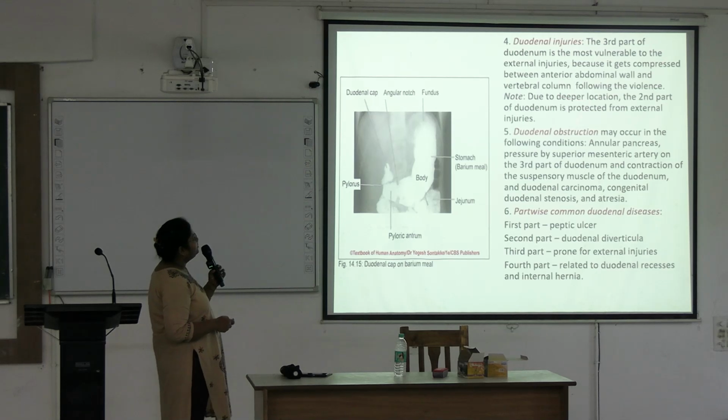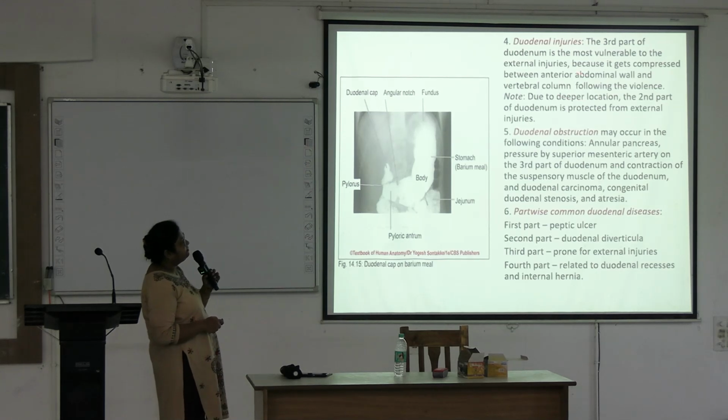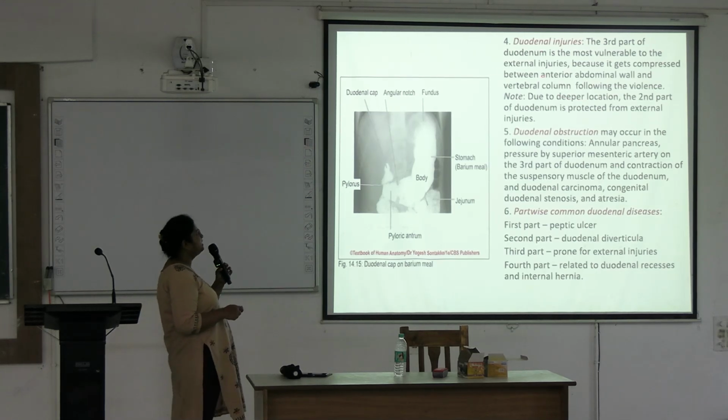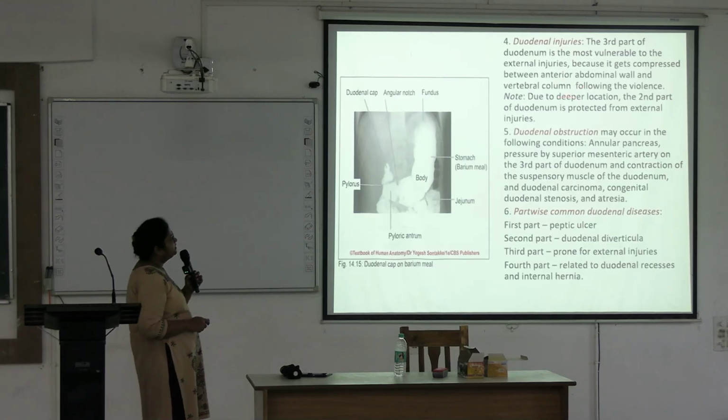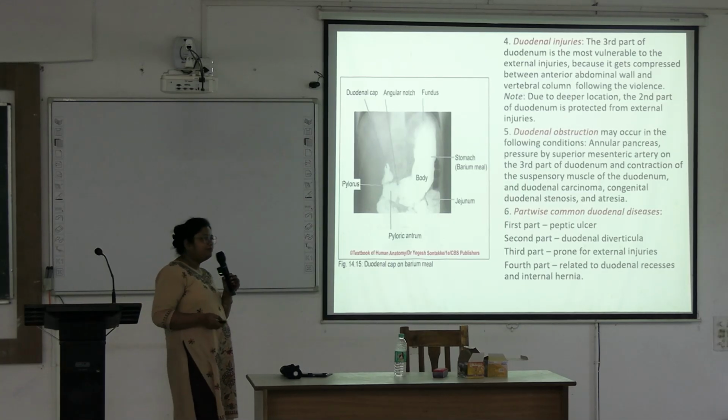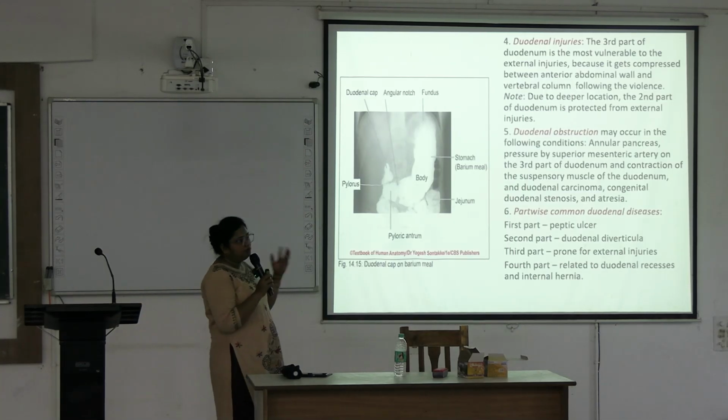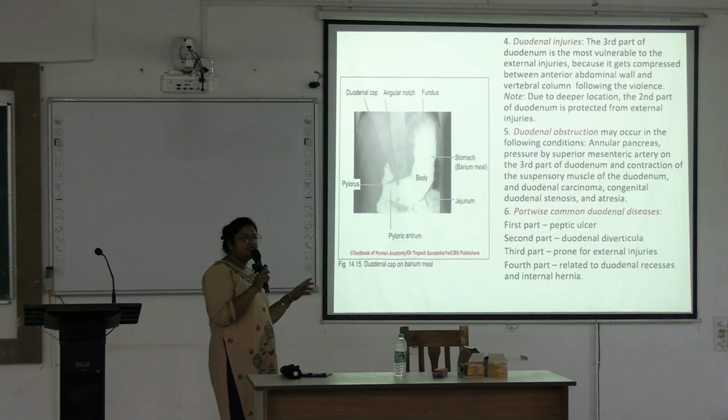Next is duodenal injuries. The third part of the duodenum is most vulnerable to external injuries because it gets compressed between the anterior abdominal wall and the vertebral column. Following violence, the second part of the duodenum is protected from external injuries due to its deeper location. It is mainly retroperitoneal in position.